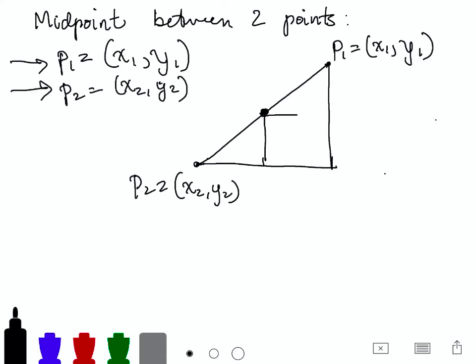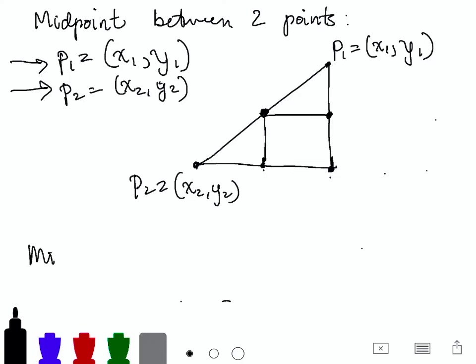Notice that the x value for this point is exactly between x1 and x2, and that the y value is exactly between y1 and y2. So you really just have to find the midpoint in both directions.